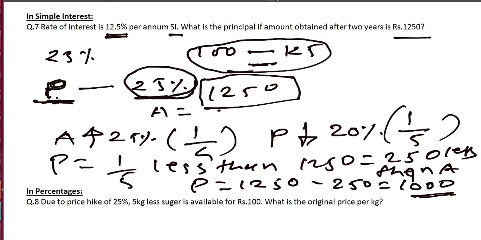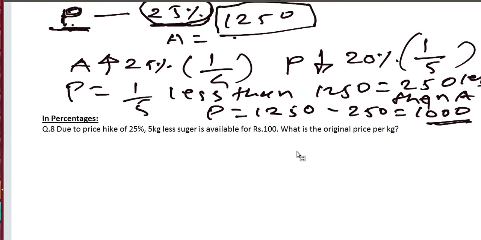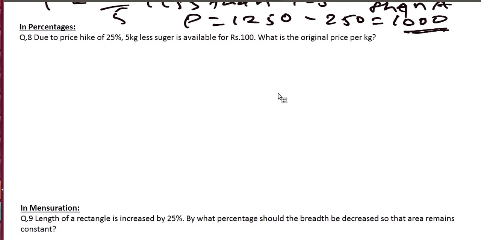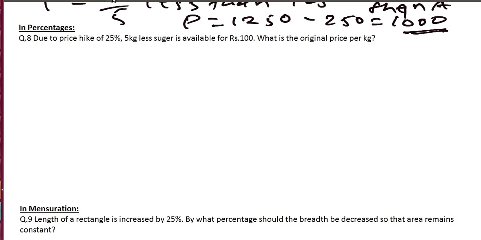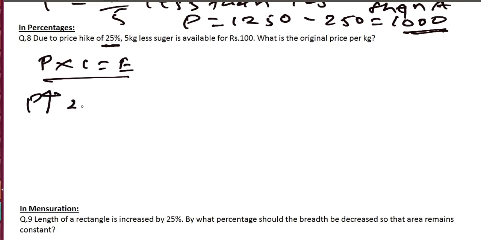Okay, so let's see another question. In percentage, due to a price hike of 25%, now the concept here is price into consumption is equal to expenditure. Now the price is getting increased by 25% or 1/4.